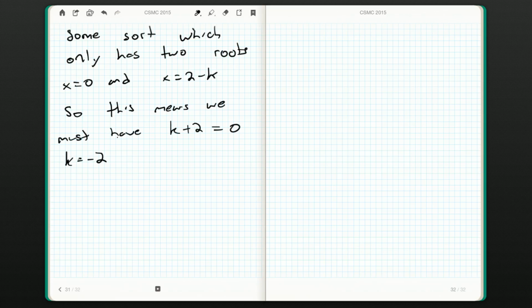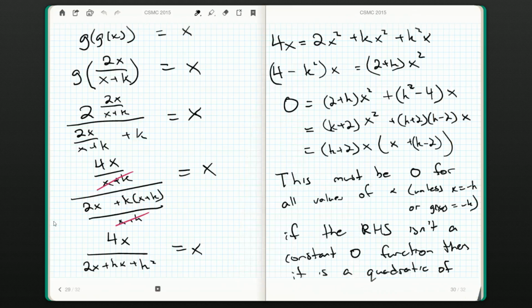Okay? So if we look on the right-hand side here, this expression has to be 0 basically no matter what x I put in. There's 1 or 2 exceptions. x can't be negative k, that sort of thing. But on the whole, we can find dozens of numbers that would work. And we'd have to plug in x equals that number on the right-hand side and still have it end up being 0.